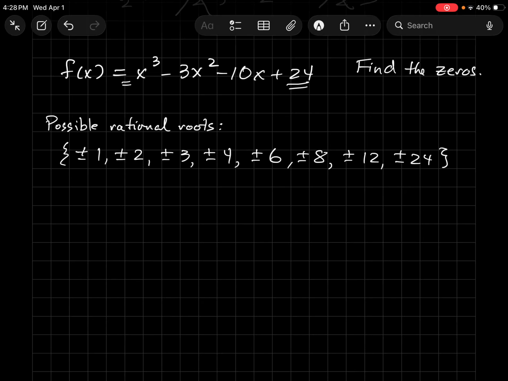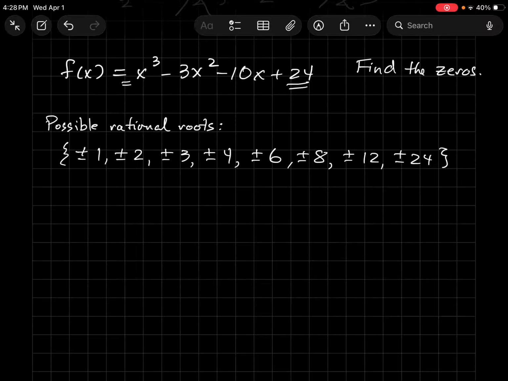If I left any off, make sure you add them in. So there are 1, 2, 3, 4, 5, 6, 7, 8 times 2, 16 possible rational roots. Which one of these, if any, gives us a 0?